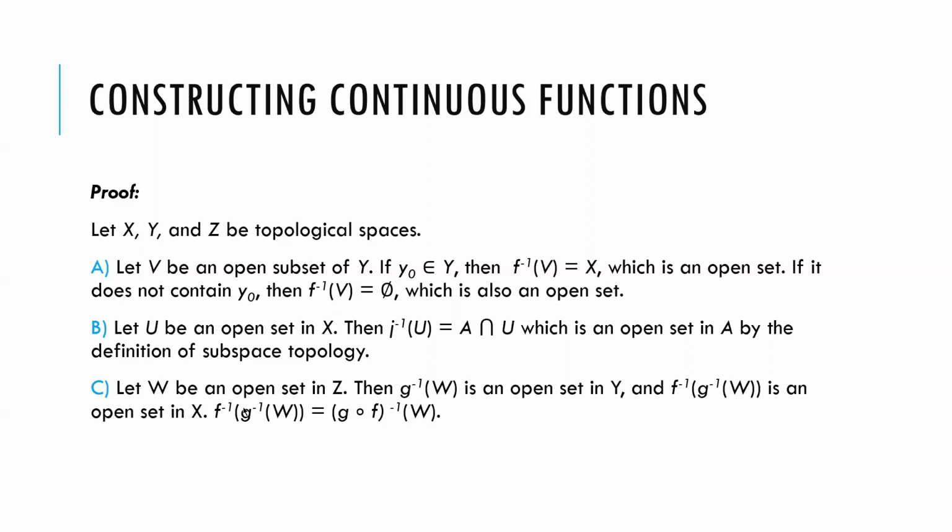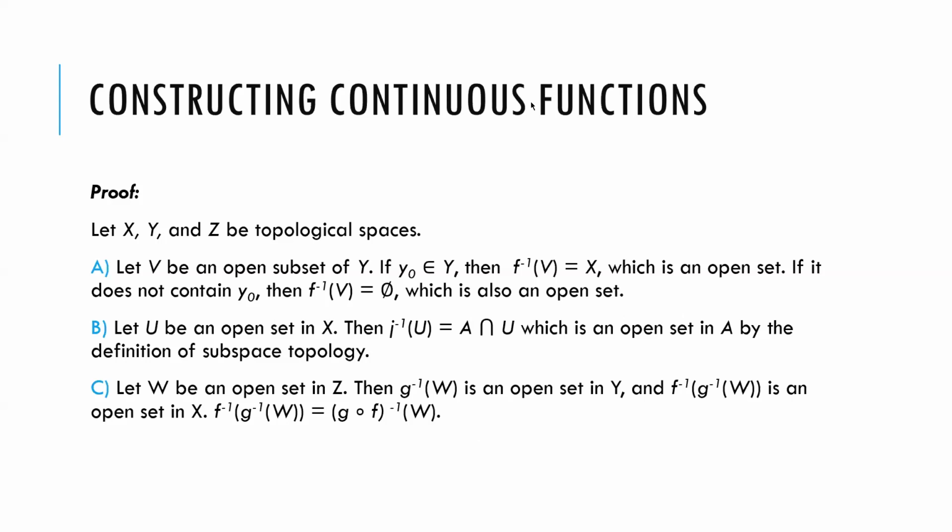But we also know that F inverse of G inverse of W would be the same as the inverse of the composite of G and F applied to W, and thus we have that the inverse image of W under the composite of G and F would be an open set in X. So the composite function of two continuous functions would also be continuous.